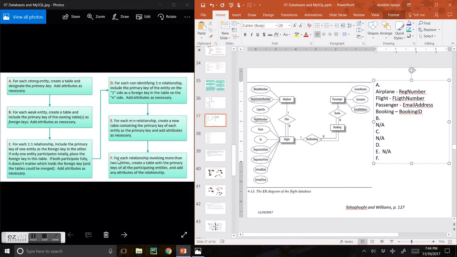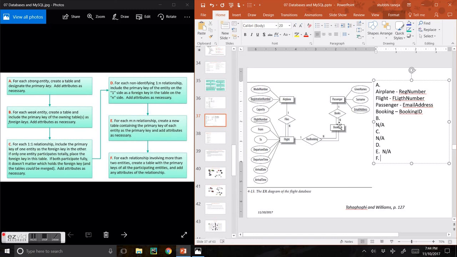Let's see what we can do about the last step. The last step says for each relationship involving more than two entities, read carefully, for each relationship, that means you're looking for a diamond, involving more than two entities, rectangles. Let's look at our diamonds and rectangles. Diamond, it has two rectangles connected to it, two entities. This diamond has two entities, booking and flight.